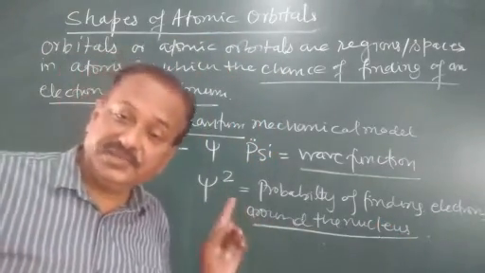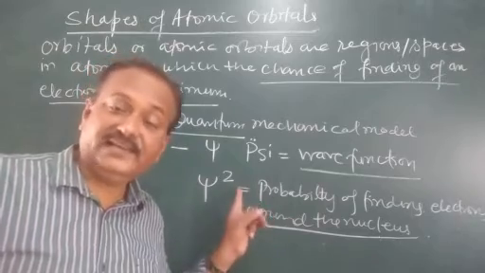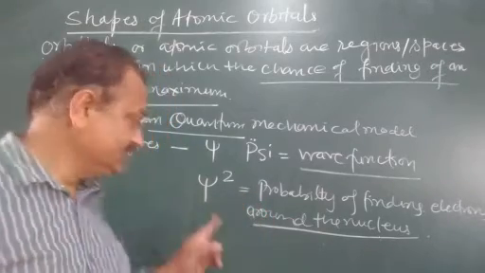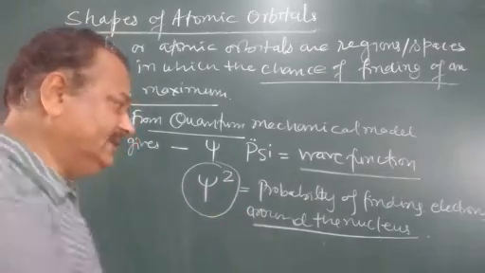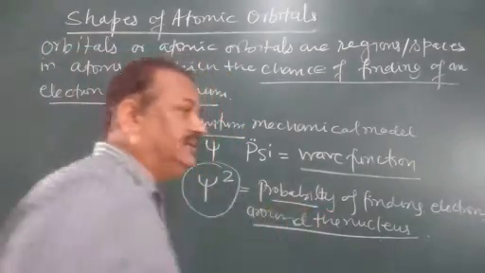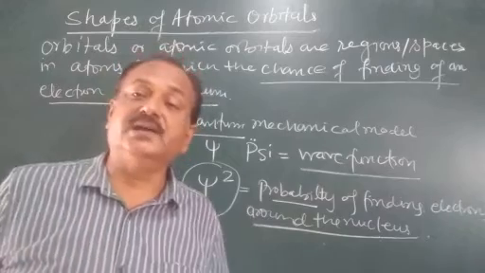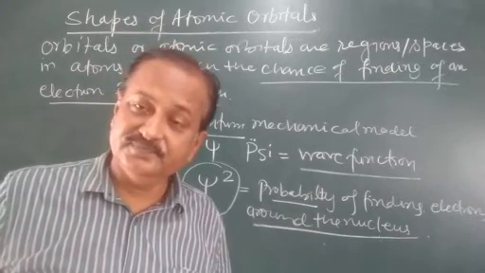This is a very important part. Psi has not any significance. Significance lies in the psi square, and it is the probability of finding of electron around the nucleus of an atom.